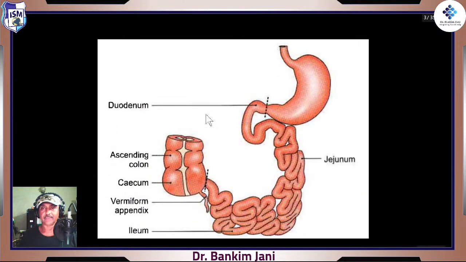So that's our small intestine, right? Starting with the duodenum, then the jejunum and the ileum, all the way up to the ileocecal junction. And this one is the pylorus.